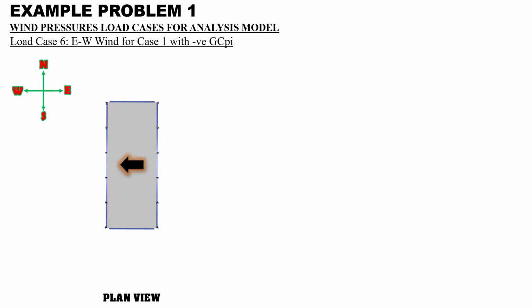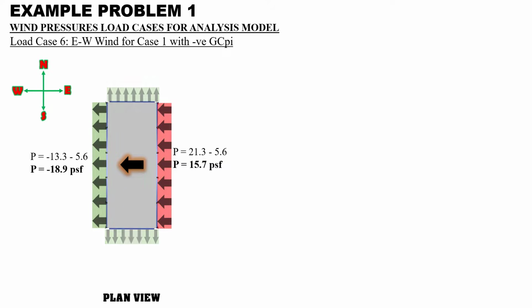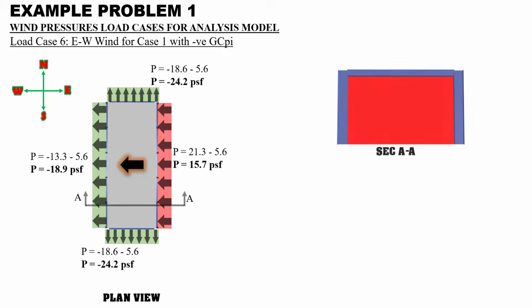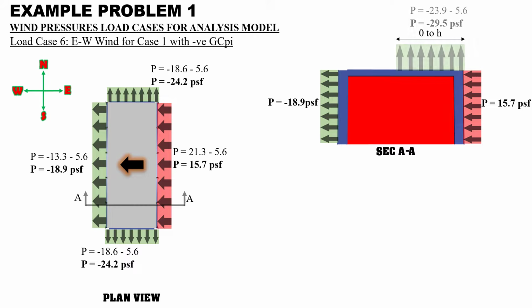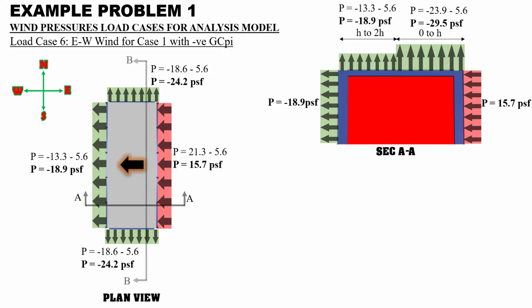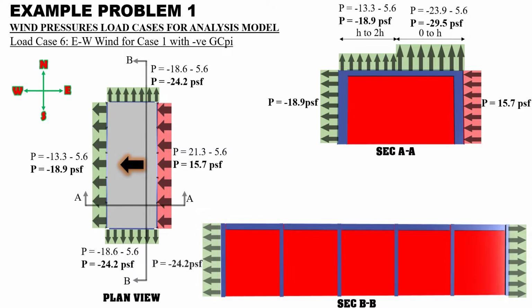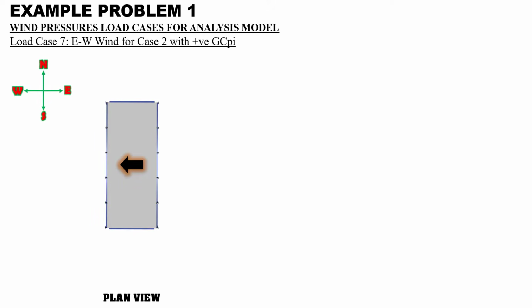Load case 6 with the negative GCPI. Section B. Now for load case 7, wind is blowing in the same direction with case 2 positive GCPI.